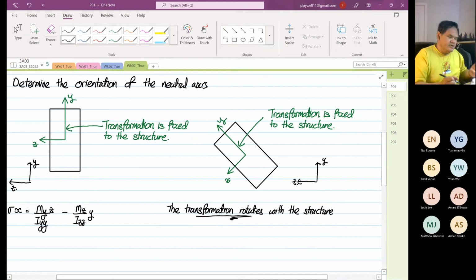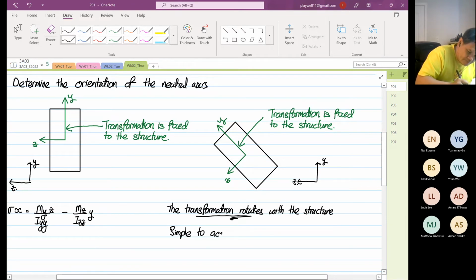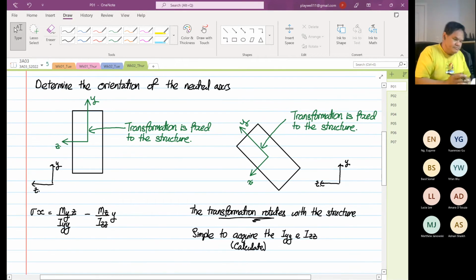Why that is the case is because it is easy or simple to calculate Iyy and Izz. If you look on the left hand side, because the transformation is fixed to the structure, to find Iyy and Izz it is depth cubed divided by 12.